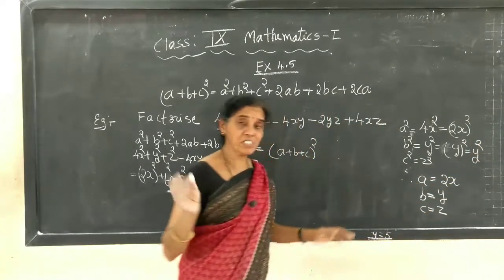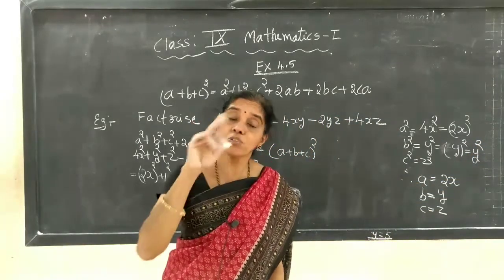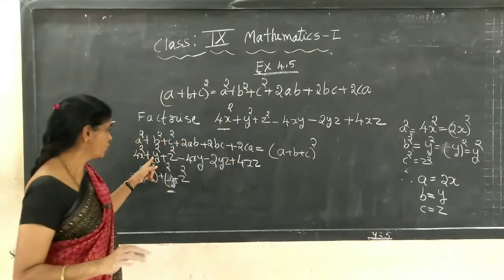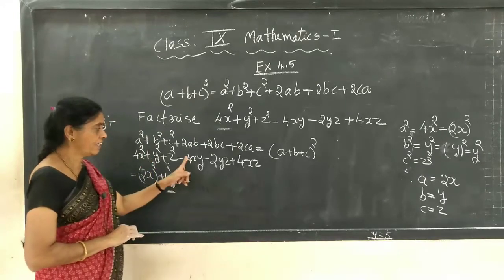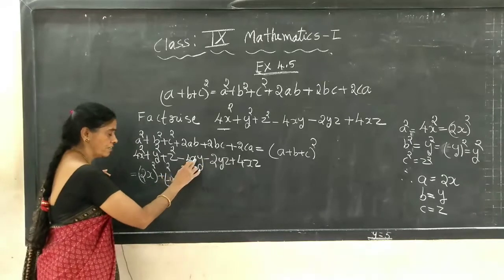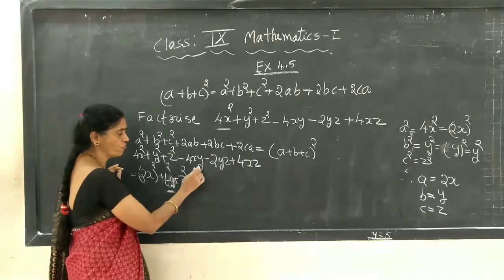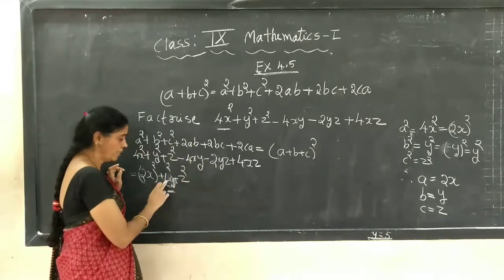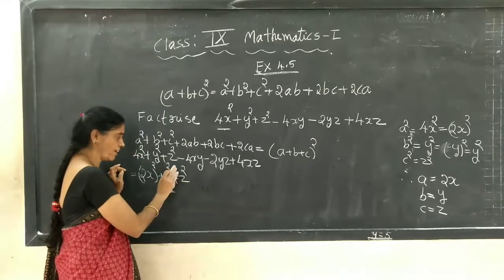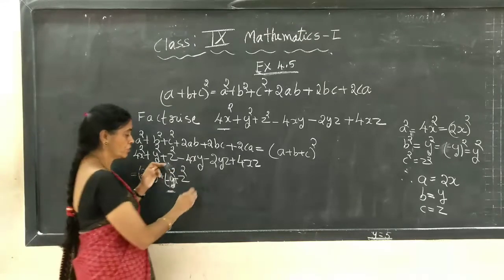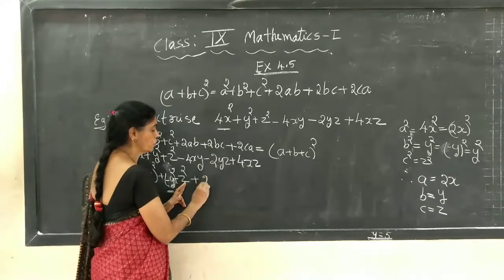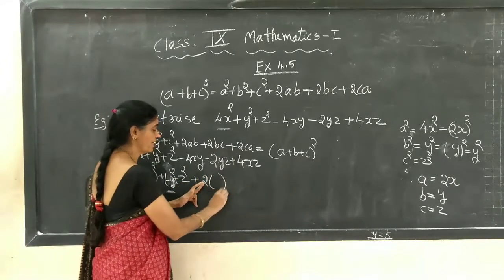If y is plus or y is minus, when you do the square, the answer is plus only. That is why plus y square is there in the answer. But here, in the first and second term it is minus, so y, which is common, should be negative. So I have taken in place of y, minus y. It is a square. Okay. So plus a square, b square, c square plus 2ab, 2, what is your a, children?